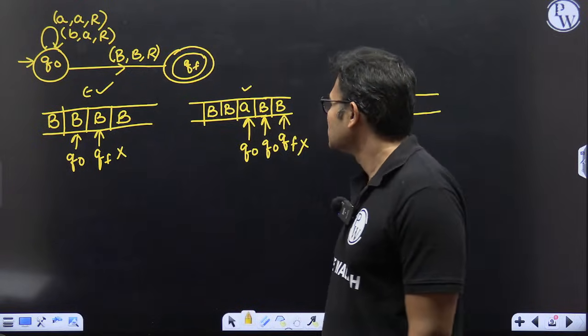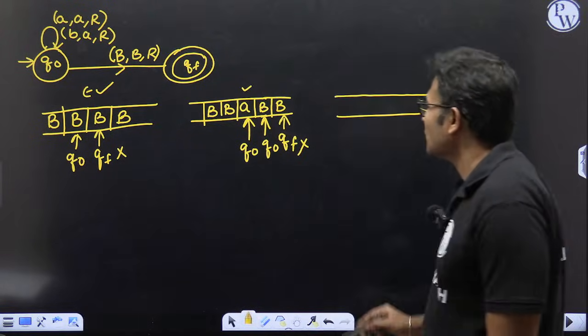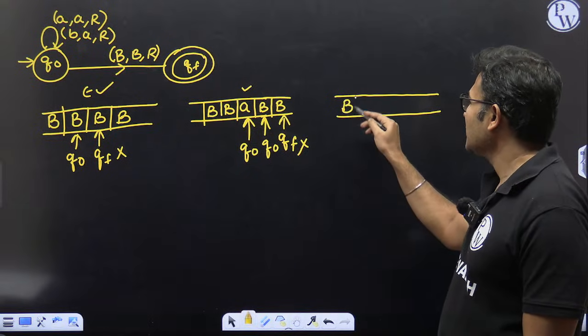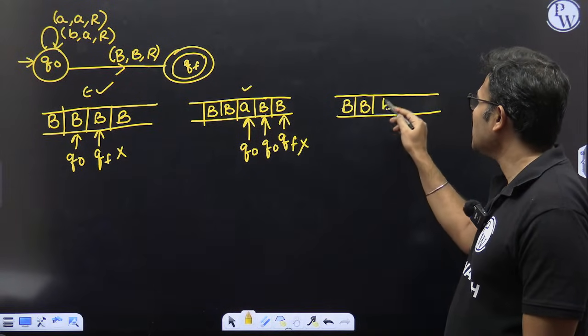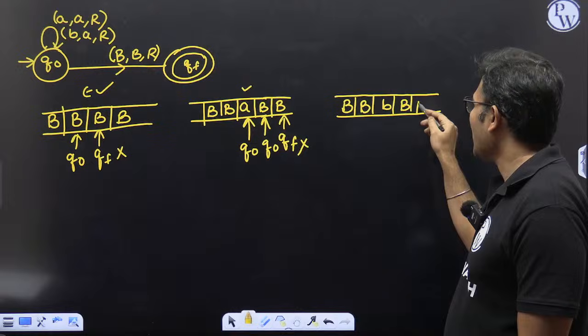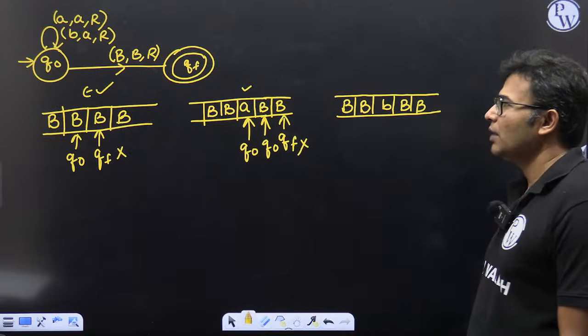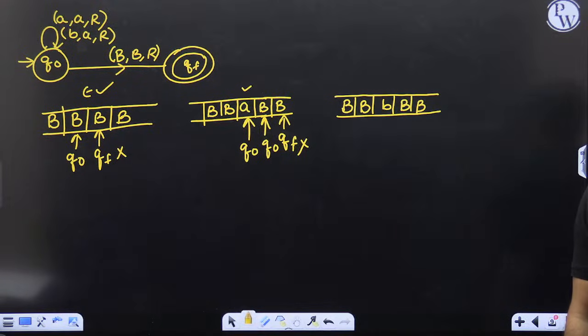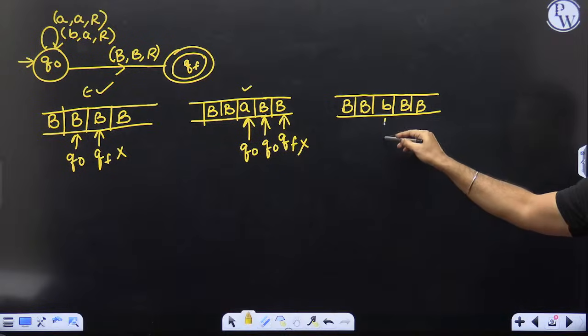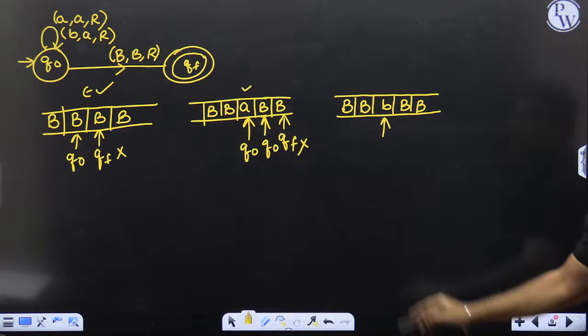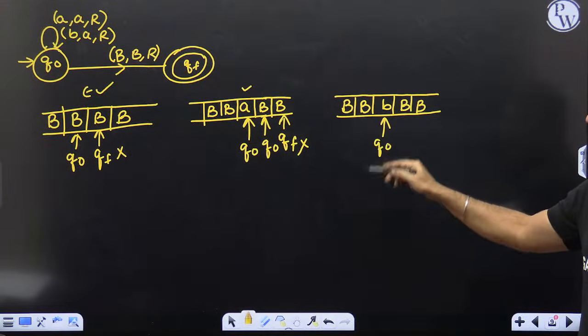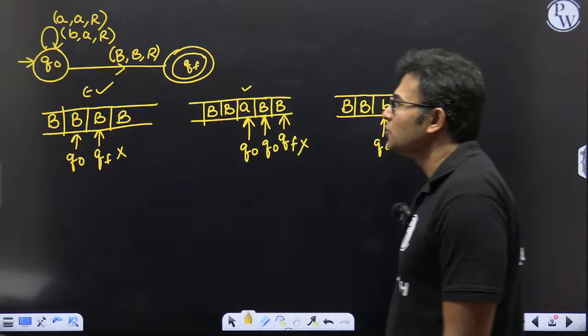Okay. Now let's see what happens on B. Blank, blank, B, blank, blank, blank, blank. If you look at B, you are in Q0.